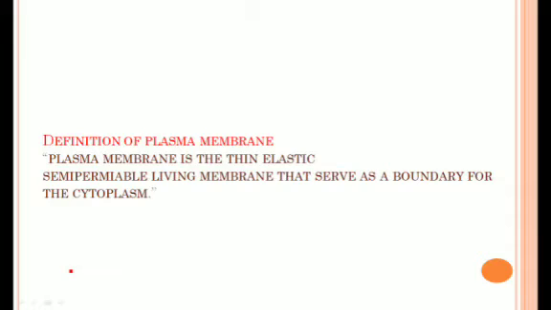Very firstly, there is a definition of plasma membrane. The definition is like: plasma membrane is a thin, elastic, semi-permeable living membrane that serves as a boundary for the cytoplasm. The features are that it is thin, elastic, and not completely permeable to everything.